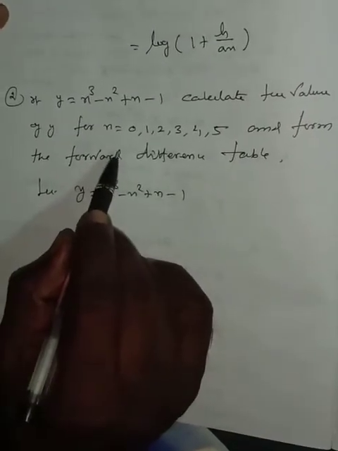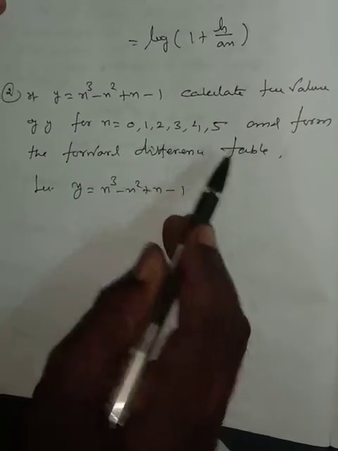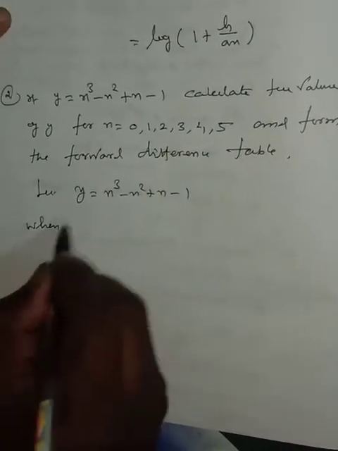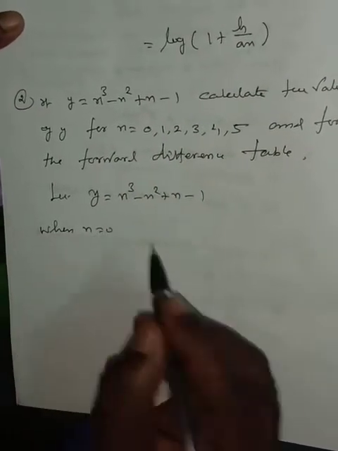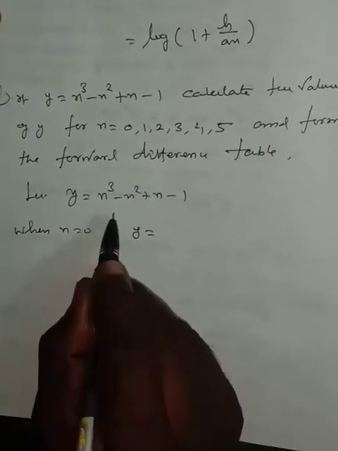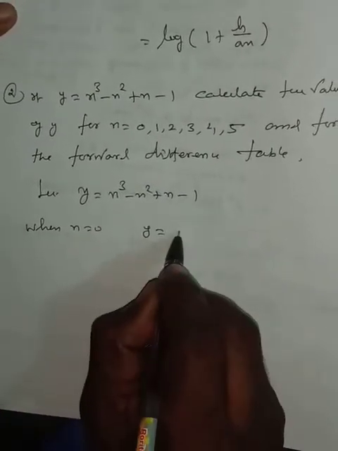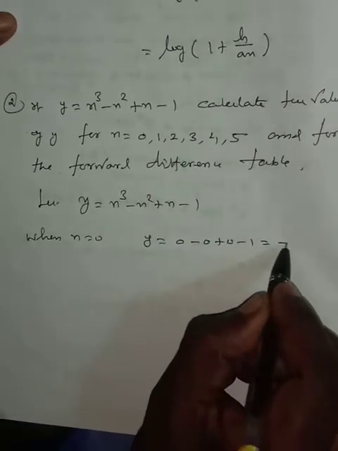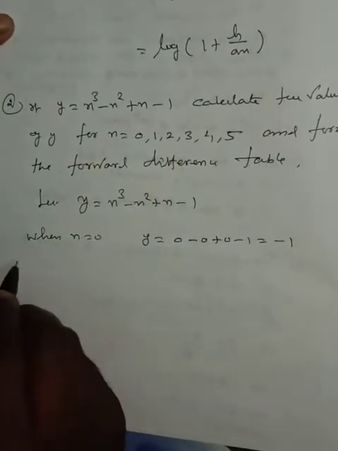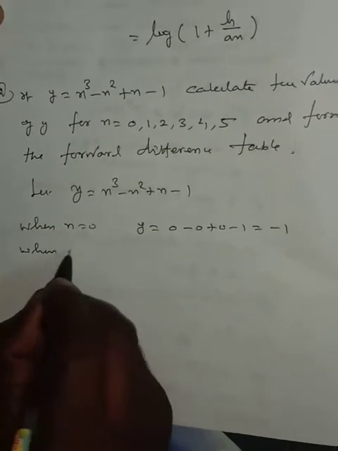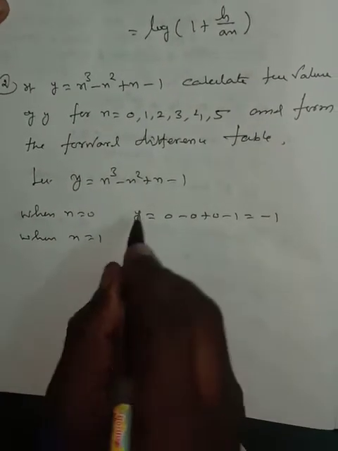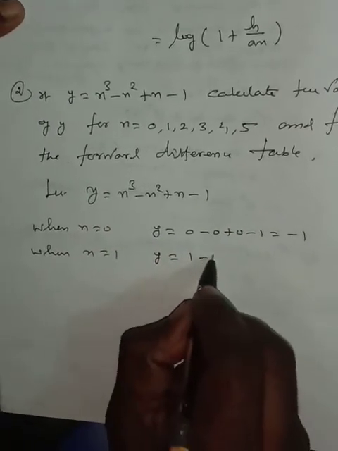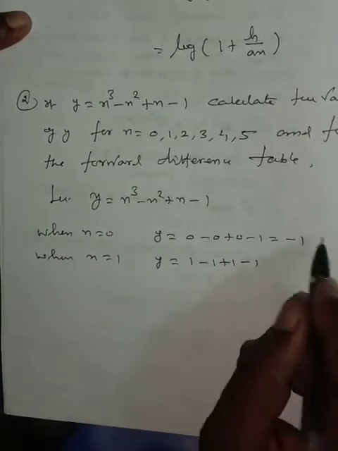Given x is equal to 0, 1, 2, 3, 4, 5, find y. When x is equal to 0, y is equal to 0 minus 0 plus 0 minus 1, which is minus 1. When x is equal to 1, y is equal to 1 power 3 is 1, minus 1 plus 1 minus 1 is equal to 0.